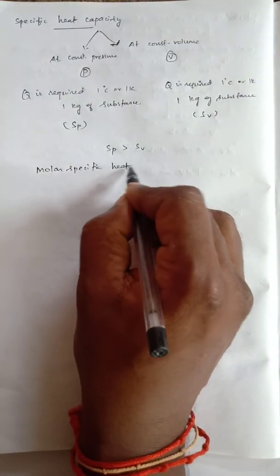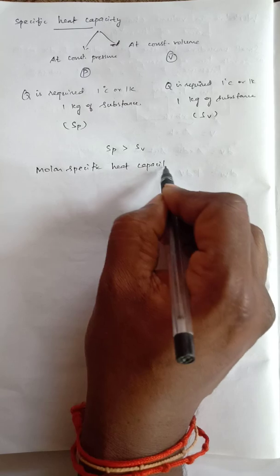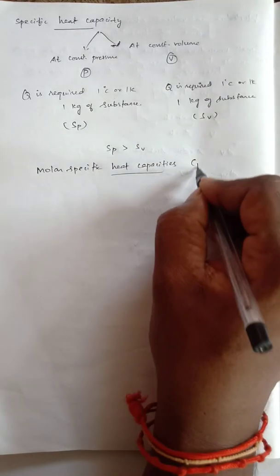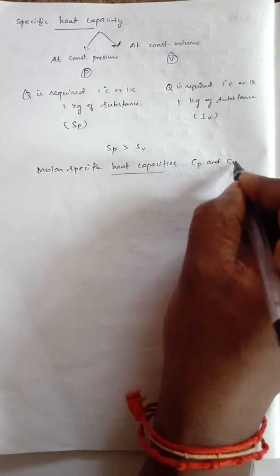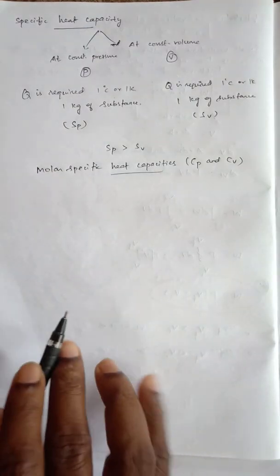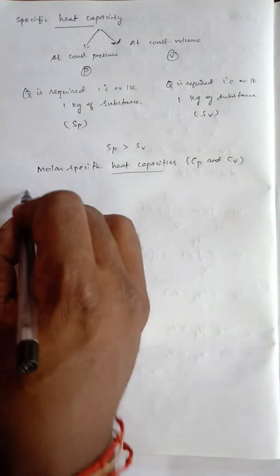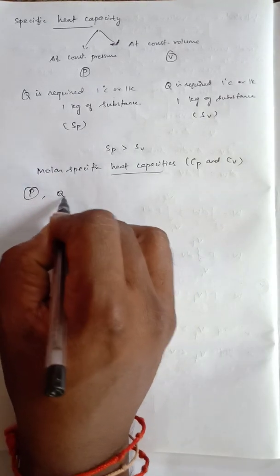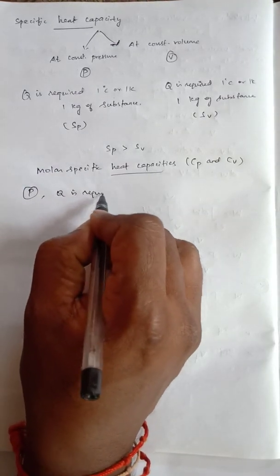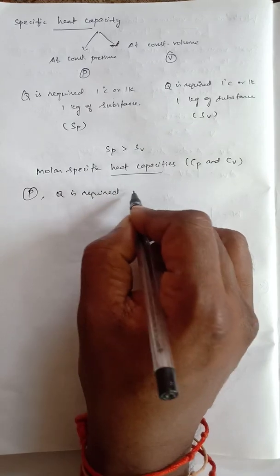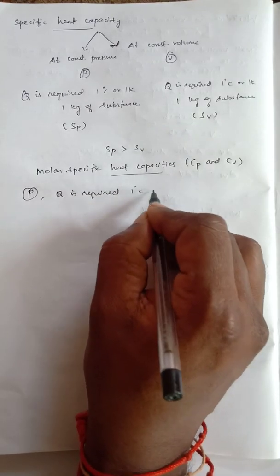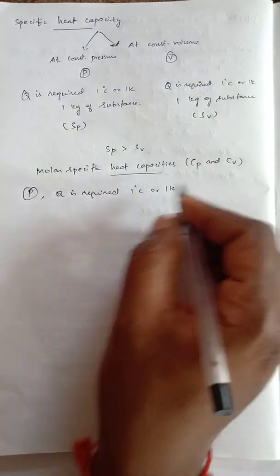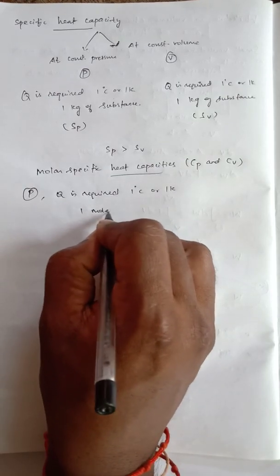Molar specific heat capacities, that is Cp and Cv. Same thing, at a constant pressure, the amount of heat energy Q required to raise the temperature of 1 mole of the gas substance by 1 degree Celsius or 1 Kelvin.